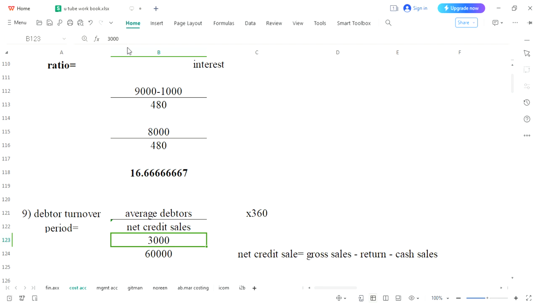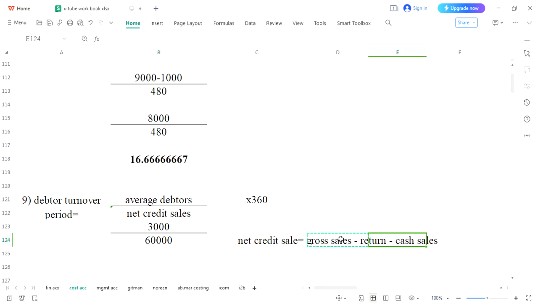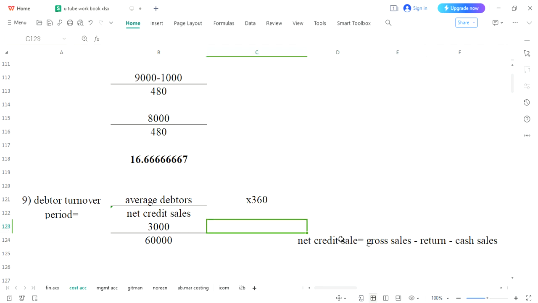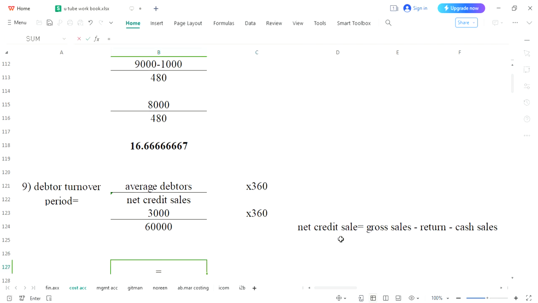Okay. Now here you will multiply it with 360. Alright guys, now on the calculator, what you will do: 3000 divided by 60,000 and then multiply it with 360.